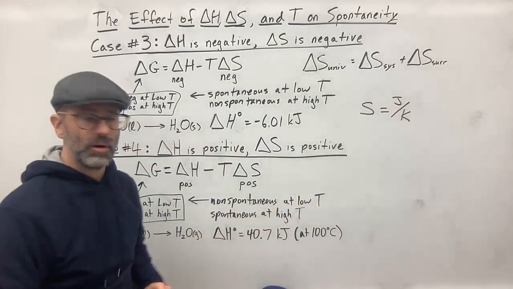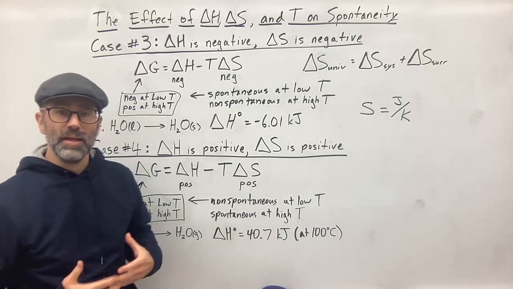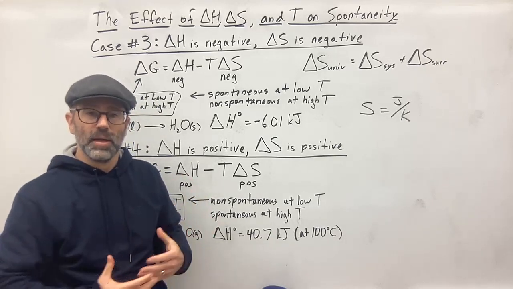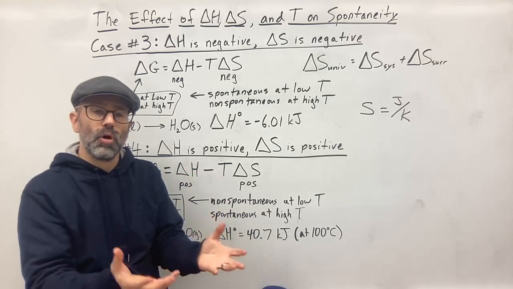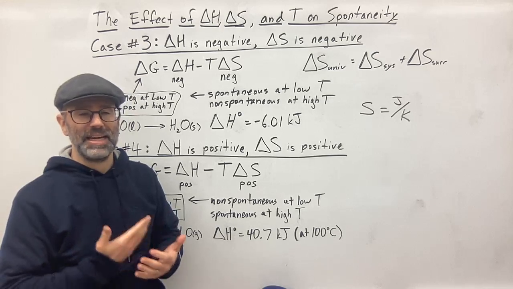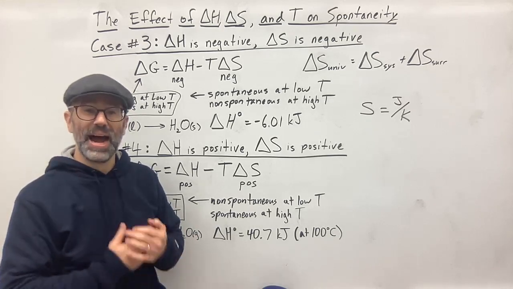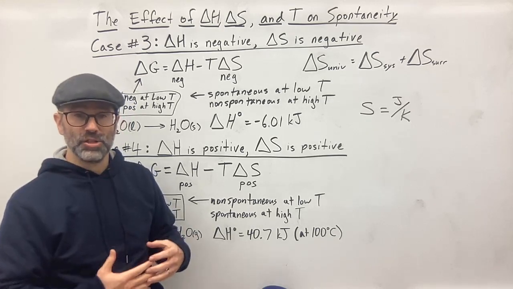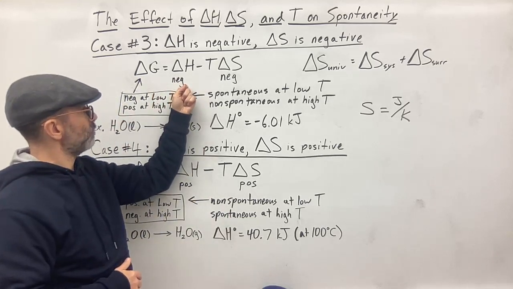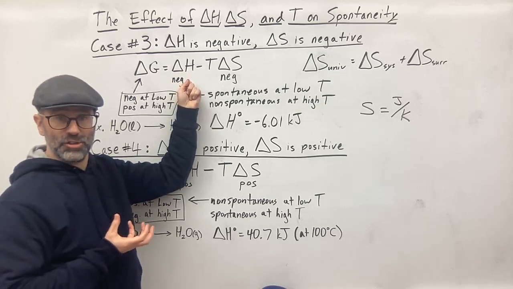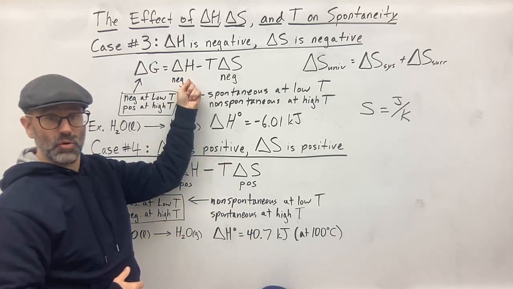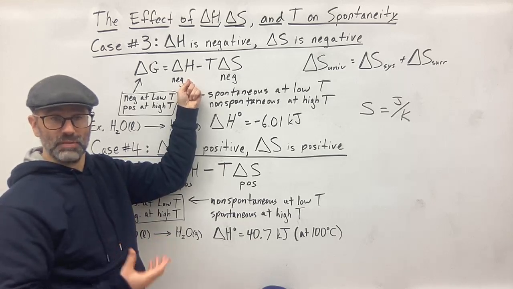And so remember, absorbing or emitting heat to the surroundings is going to have less effect on the entropy of the surroundings at higher temperature, right? So in this case, we have a negative enthalpy, so energy is given out to the surroundings, and that's going to increase the entropy of the surroundings.